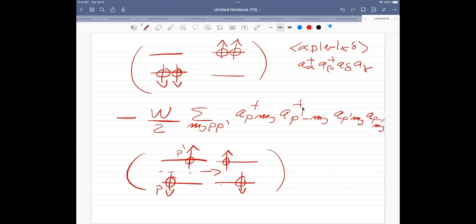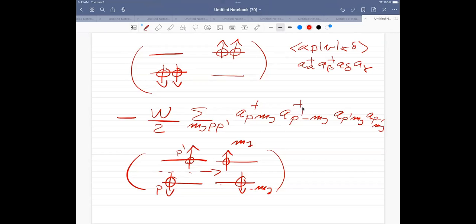So the state which you have here, this would be mj, and that would be minus mj. Yeah, we don't need to think of this when we're looking at the project.